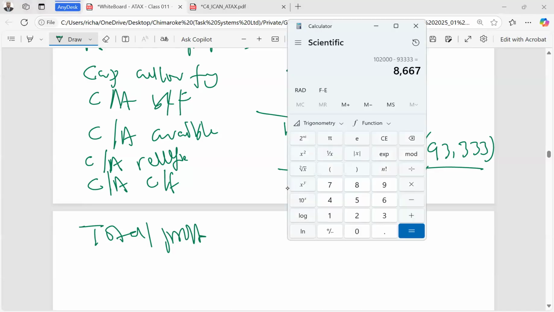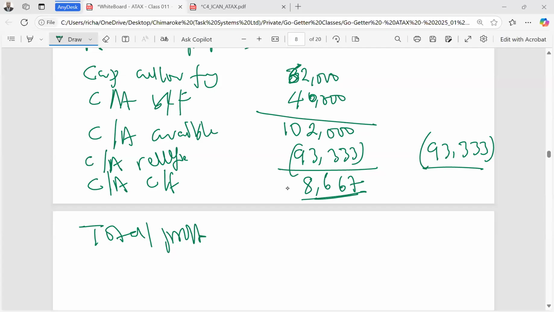So 140 minus 93,333 will give you 46,667. That will be your total profit.